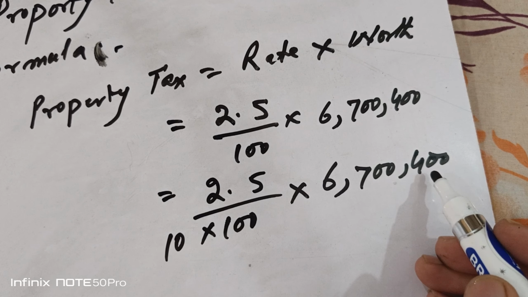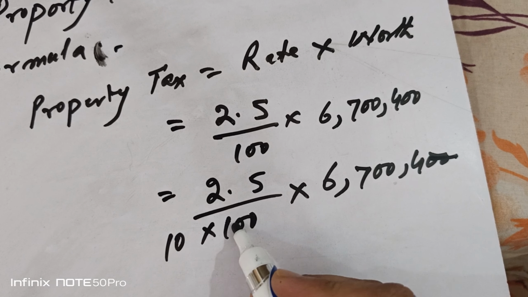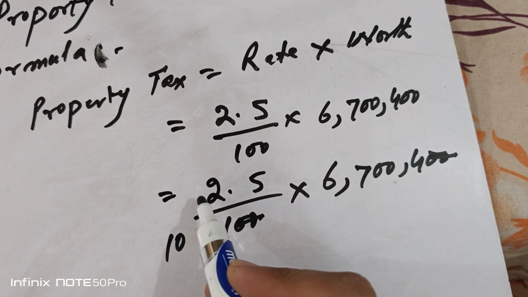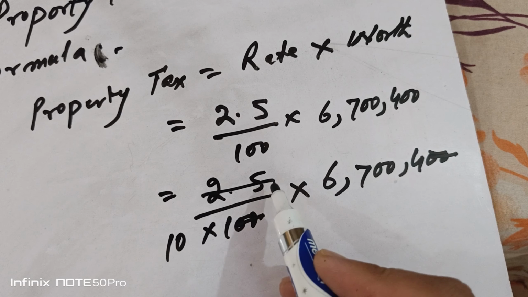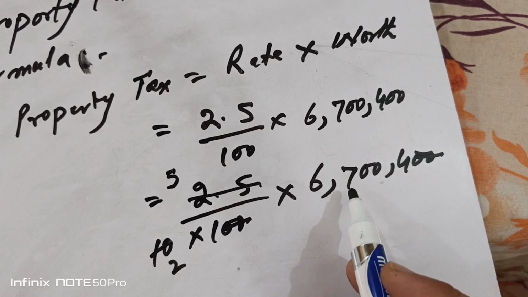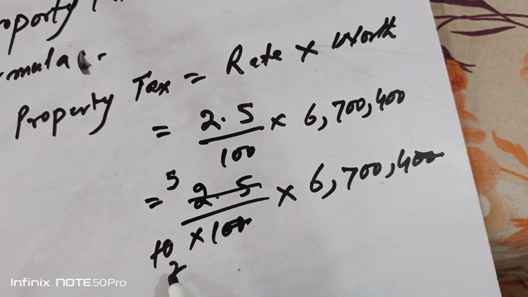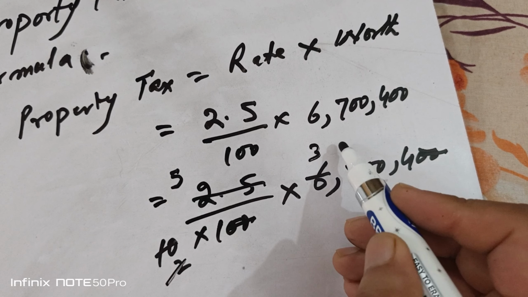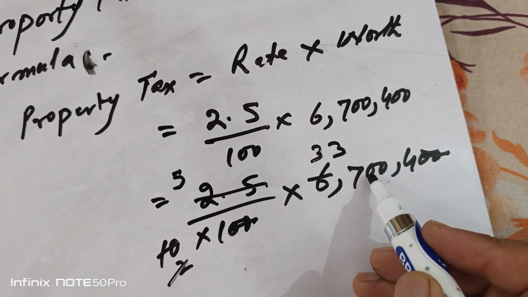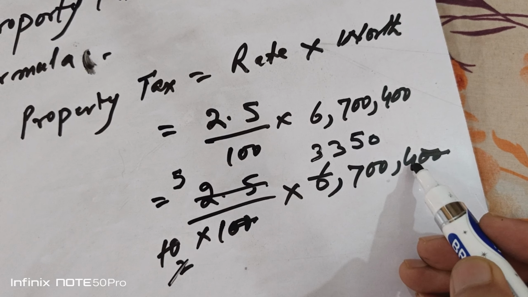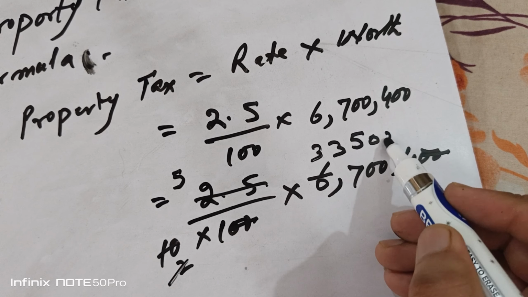Yes, these two 0s we will cut with this, and we will get 25. We can cut off 25; five fives are 25, and two fives are 10. And this 2 we can eliminate by doing simply: 3 twos are 6, again 3 twos are 6, 5 twos are 10, and this is 0, this is 4, 2 twos are 4.